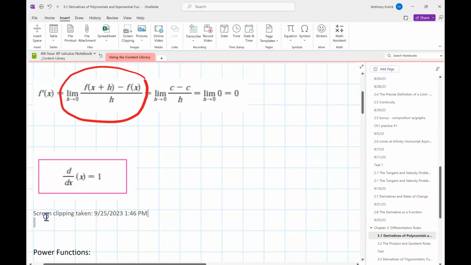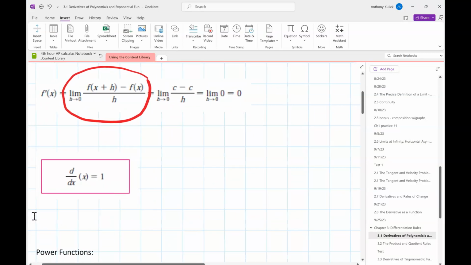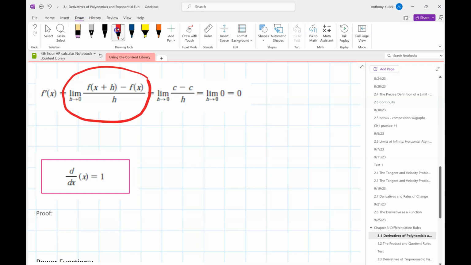Next one up, the derivative of x is 1. Should you memorize that? Yes. How do I prove it? Well, assume f of x is just x. We use our definition of a limit. I'm going to use the h definition.